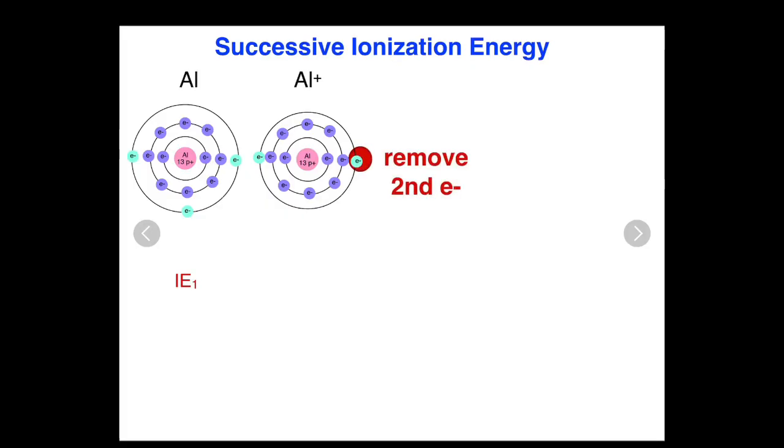To remove the second electron is going to require a certain amount of energy as well, which is going to be higher than the first ionization energy because the second electron now experiences a stronger attractive force from the nucleus. Therefore, the second ionization energy is greater than the first one.